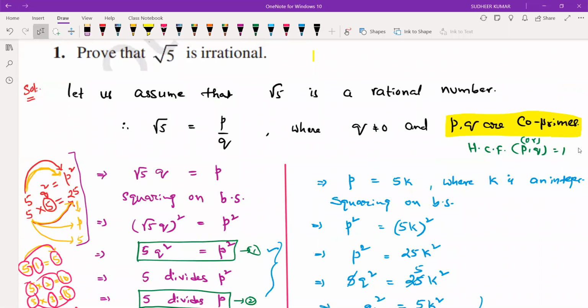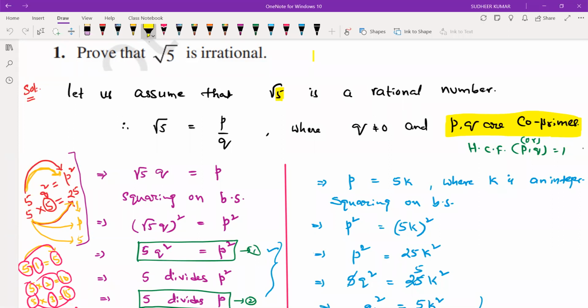If you replace 5 by 2 from the beginning to the end, you can easily prove that root 2 is irrational. If you replace 5 by 3, root 3 is irrational. If you replace 5 by 7, you can prove root 7 is irrational. The process is the same. You need not change any statement. You just change the numerical value as per the given statement.